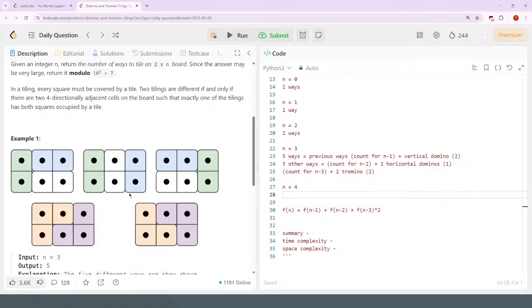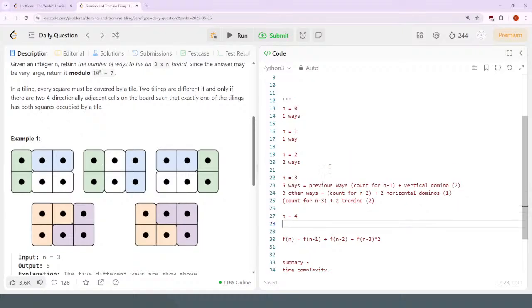So should it not be you take the previous number of ways for n is 4, you add a vertical bar. Okay, that seems fine. So that should give you 5 from n minus 1.